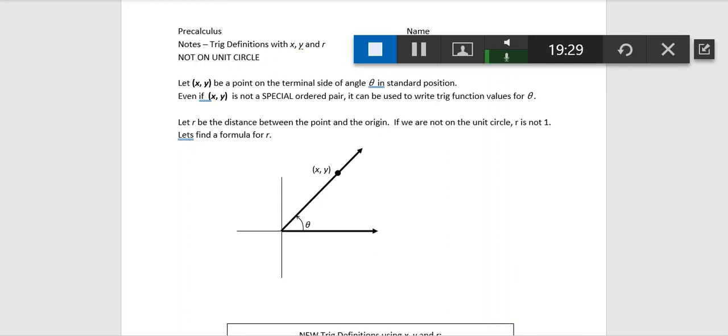This fraction they gave me is the sine. Sine is y over r. So when I write my relationship between x, y, and r, I've got to make sure that I'm using these numbers the right way. This is a y and an r. How do I know that's a y and an r?